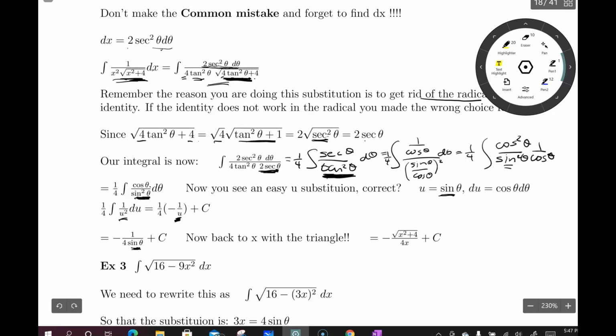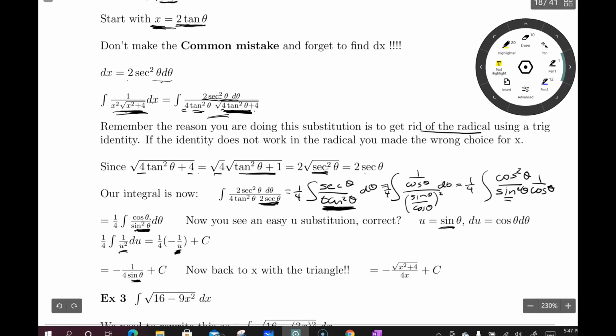Then we go back to the triangle. So where does the triangle come from again? The triangle comes from here. So I would have x over 2 is tangent of theta. And I need to get sine. So here's opposite over adjacent. This other side will give me the square root of x squared plus 4.